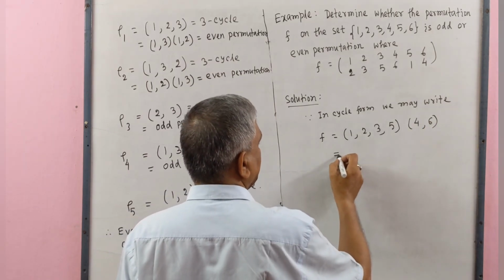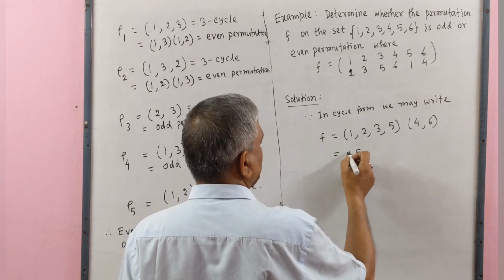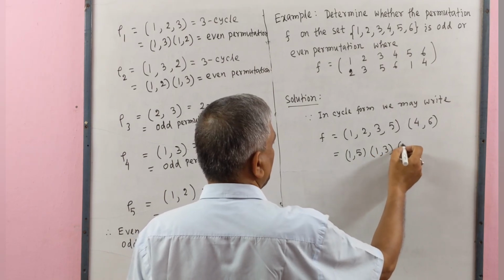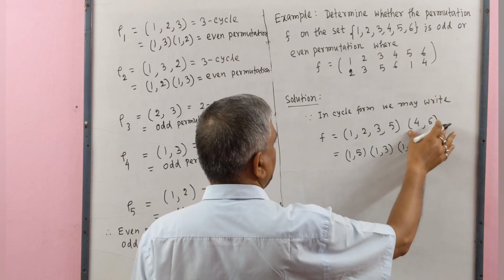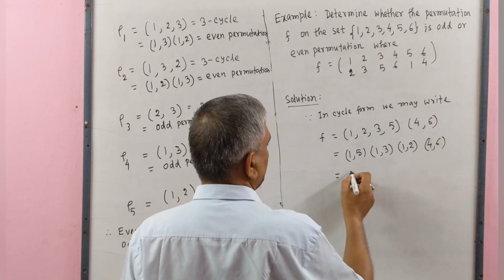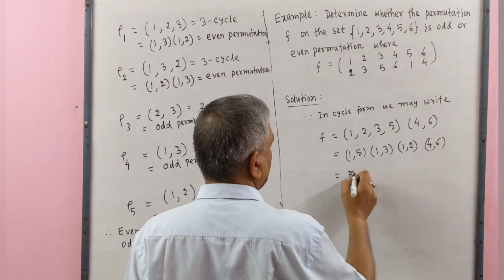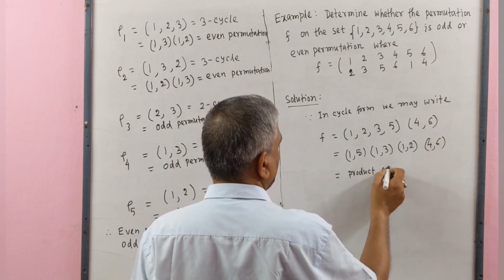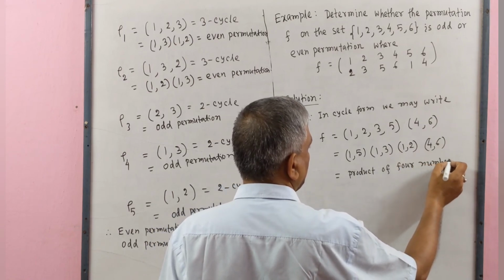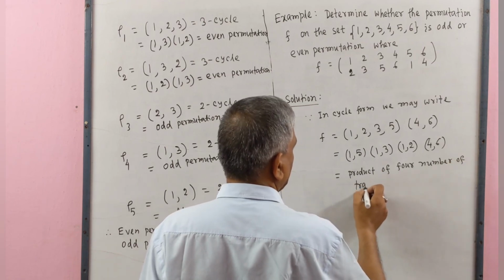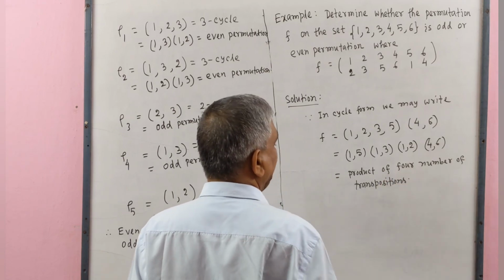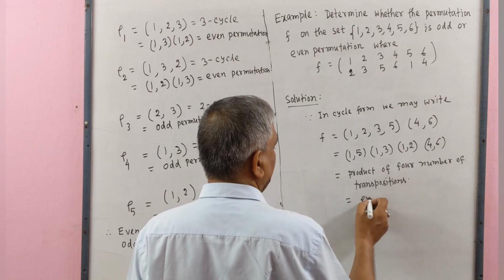So we may write this as the product of transpositions (1 5)(1 3)(1 2) and another transposition (4 6), equal to a product of four transpositions. 4 is an even number, therefore this is an even permutation.